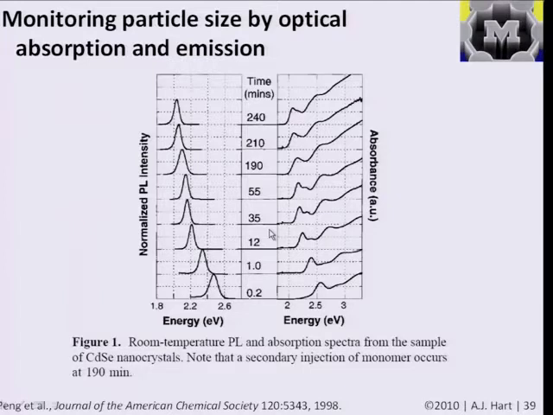So right at the nucleation process, the particles emerge, and then many minutes up to several hours after, and you can see that the energy of emission is decreasing with time, which means that the particles are getting bigger. So there you can monitor the absorption spectrum and the photoluminescence emission spectrum. And if you know the relationship, just the basic model we had in terms of band gap, it's possible to monitor the size of the structures versus time.